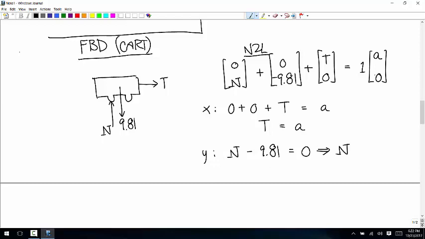But that doesn't help us with anything. That wasn't asked for in the problem. If the problem happened to ask for the normal force, then that would be something you wanted. But what is useful is this. We know that whatever the cable tension is, it's equal to the acceleration of that cart.